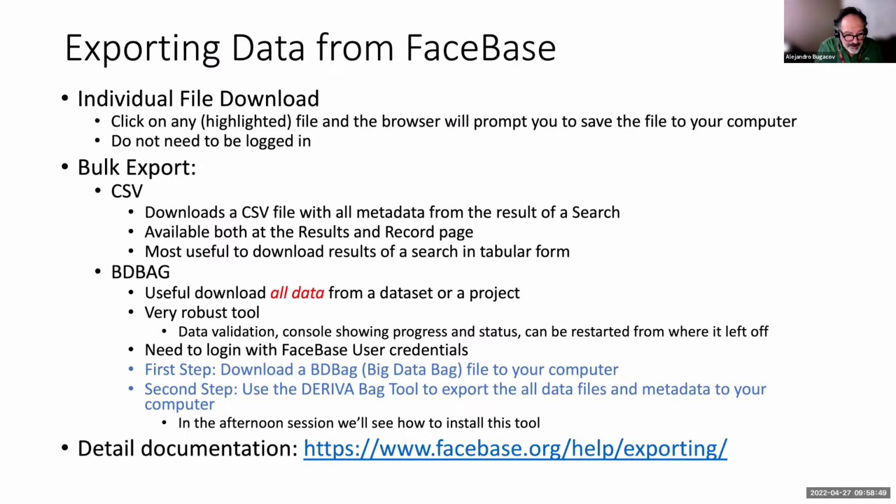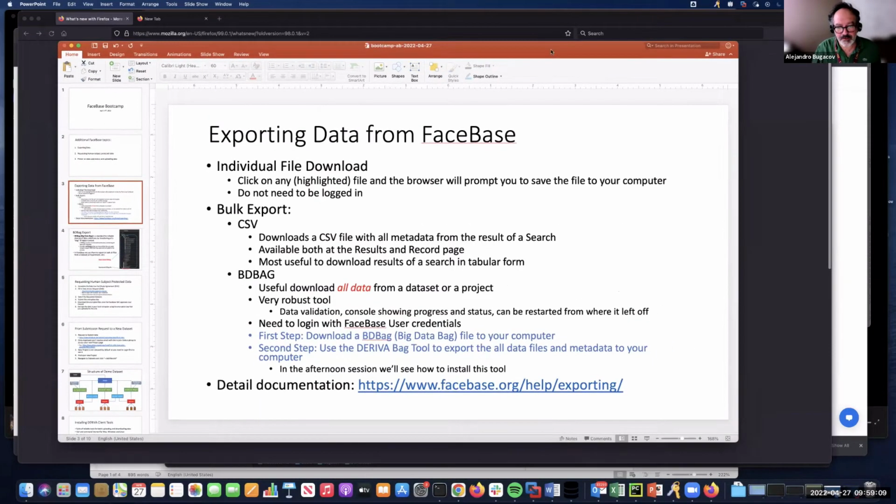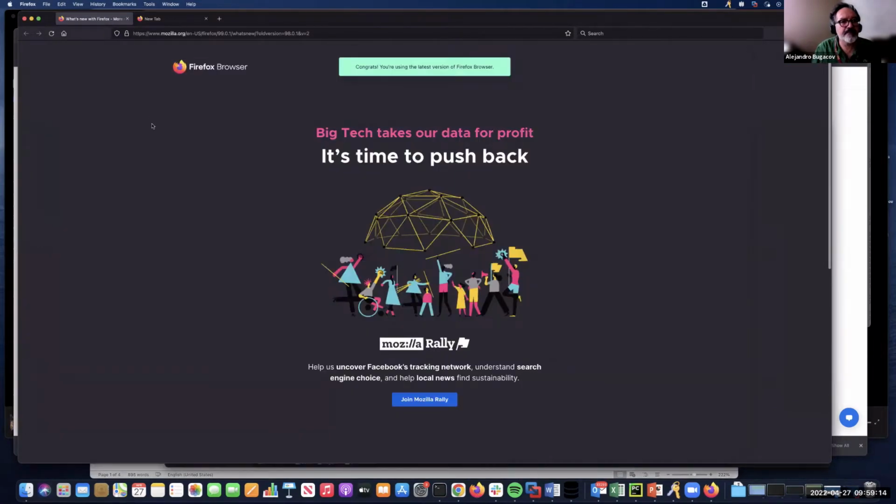Later I will show how to install this tool, but now I'm going to make a short demonstration of how to use it. The documentation for that is in the help section of the website. So now let me move back to the browser.